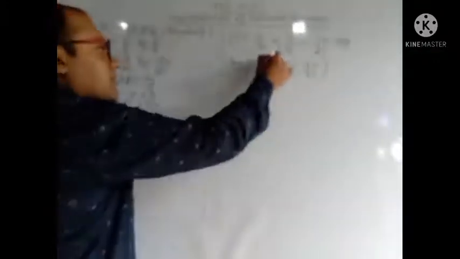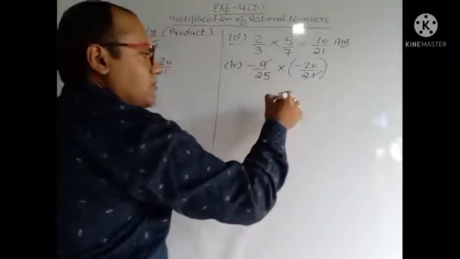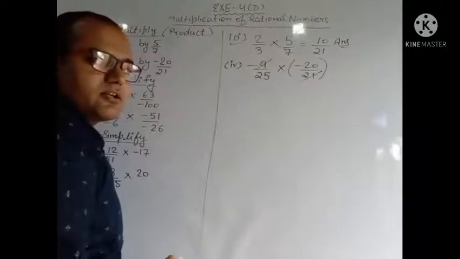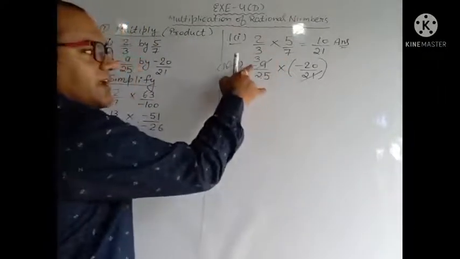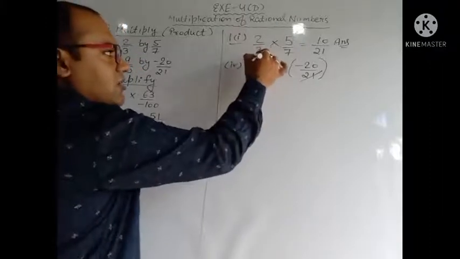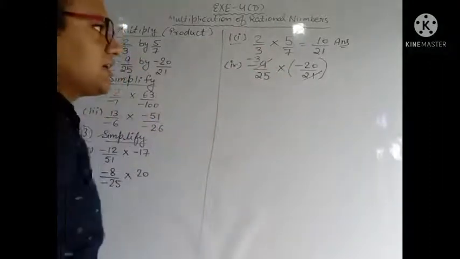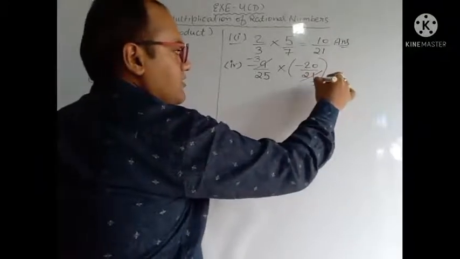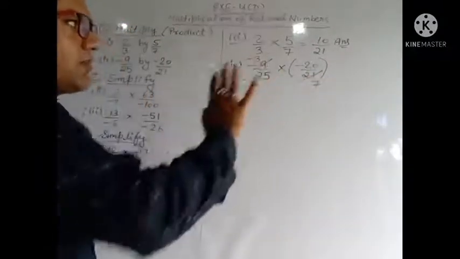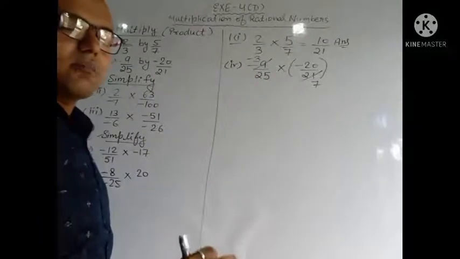So we will cancel one number in the numerator and another in the denominator with the same table. 3 threes are 9, but here in the 9 minus is there, so in the answer also we have to use the minus sign. And this number we will also cut with 3. 3 sevens are 21. Now both numbers are cancelled with the table of 3.